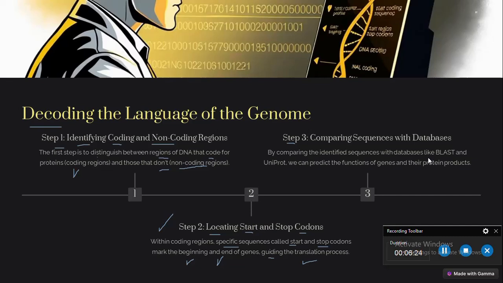So we can use databases like BLAST and UniProt to predict the function of these genes, either because the sequence is related to a gene with known function in our database, or because it translates to a protein that is already known, having a known function in our database. This will be explained later on.